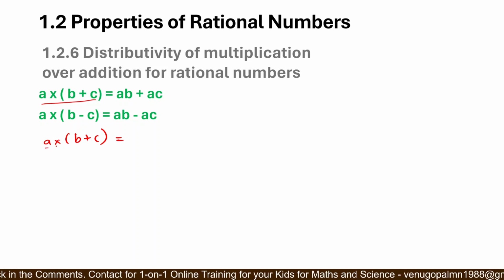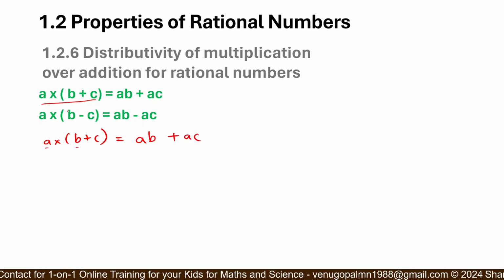I have to first multiply A with B, it will result in AB. Since the symbol is plus, addition symbol, when I multiply A and C, it will become AC. So if there are 3 rational numbers in this form, you can solve like this. First you multiply the first rational number with the second, then the addition symbol, then A and C.